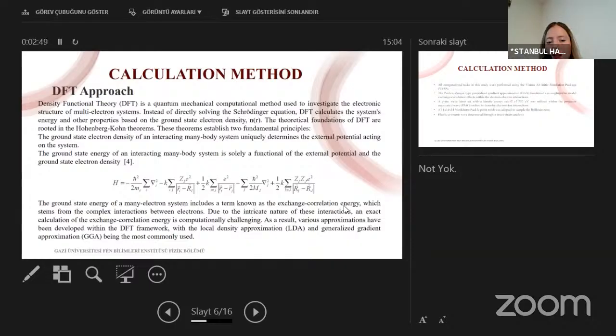Instead of directly solving the Schrödinger equation, DFT calculates the system's energy and other properties based on the ground state electron density. As a result, various approximations have been developed within the DFT framework, with the local density approximation, LDA, and generalized gradient approximation, GGA, being the most commonly used.